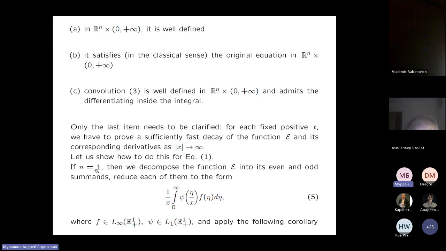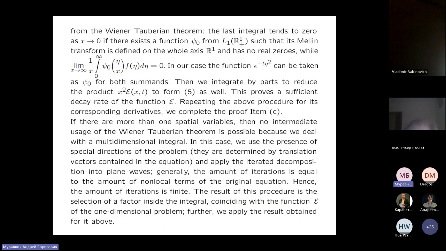If our spatial variable is multidimensional, then this way does not work immediately. But we use the presence of special directions in the problem. They are determined by translation vectors contained in the equation, and we apply the iterated decomposition into plane waves.